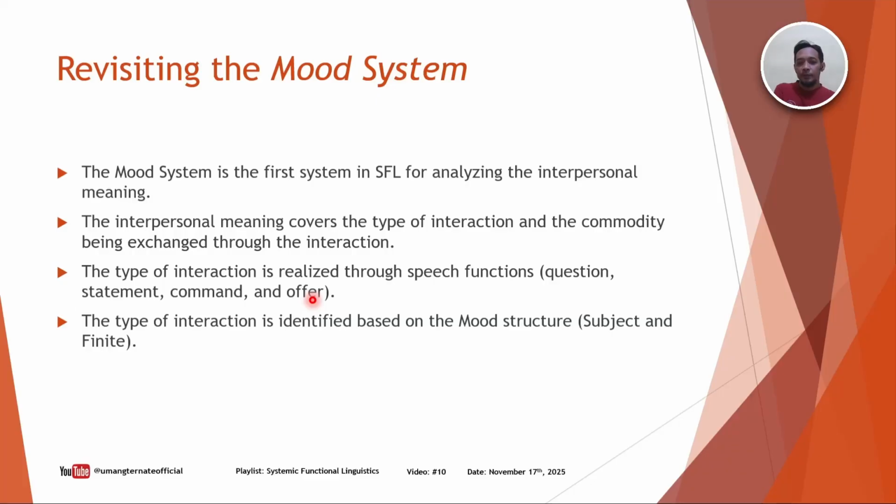So when the mood structure, the structure of subject and finite, begins with the subject and then is followed by a finite, or vice versa, then it tells us the type of interaction realized in the clause.